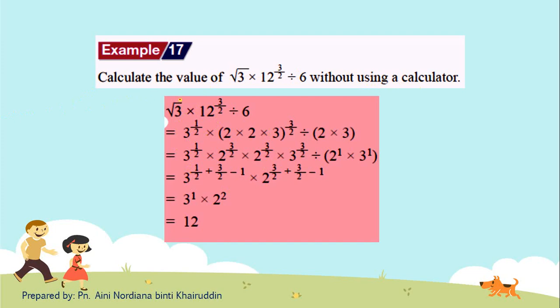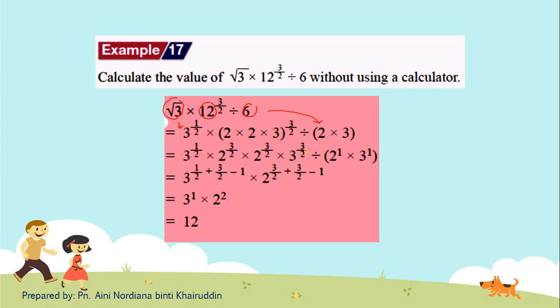So 3 square root of 3 change to 3 to the power of 1 over 2. 12 here, you have to change to 2 times 2 times 3. So 2 times 2 times 3 is 12. Okay. Then for 6, you change to 2 times 3.